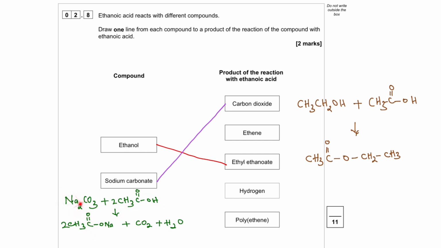Because we've got 2 sodium, we need 2 of these to form, so we have to multiply that by 2. Then we're creating carbon dioxide from here, and that's carbon dioxide plus 1 oxygen, which then goes with 2 hydrogens to form water. That's the reaction, so for the final one we could write plus H2O.